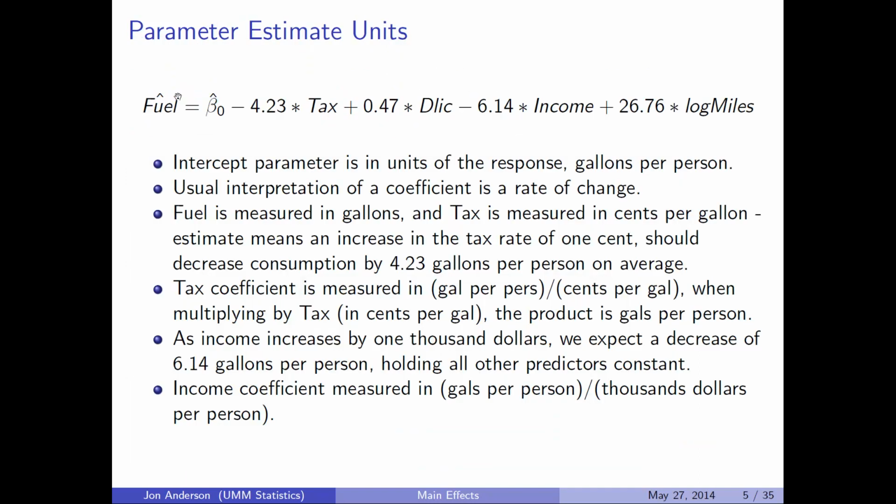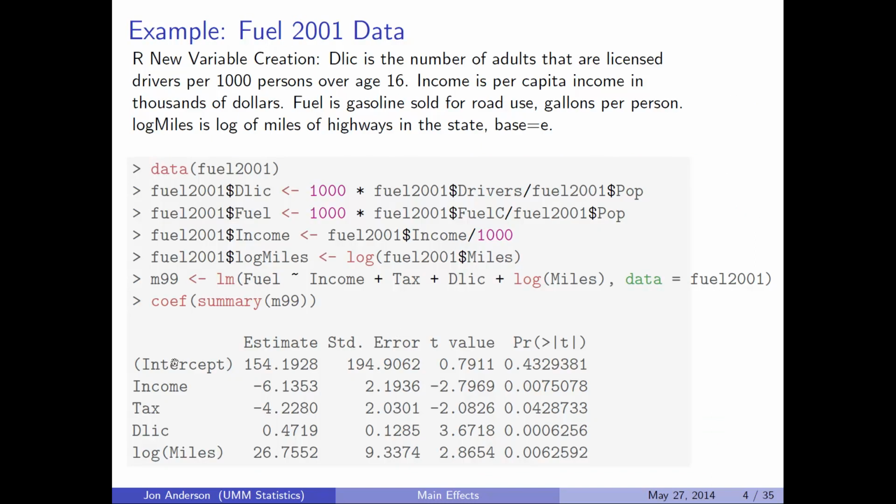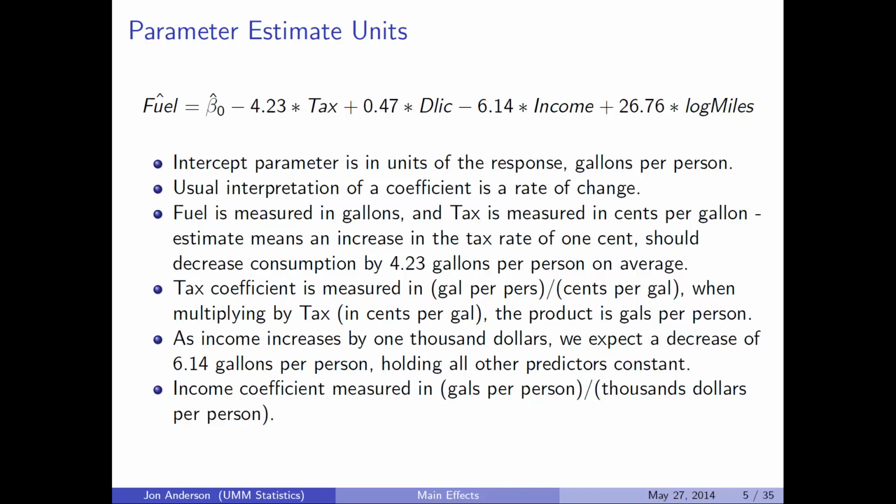First of all, here's a re-expression of the function that was on the previous page, and you can see that the intercept was 154 something, and this is usually not interpreted, but just for the record, the units of this intercept are going to be in the same units as the response variable. So in other words, gallons per person.